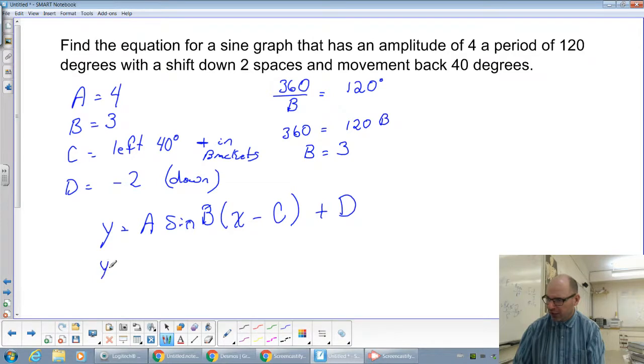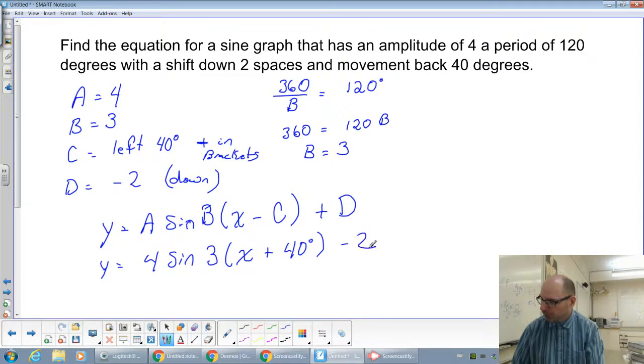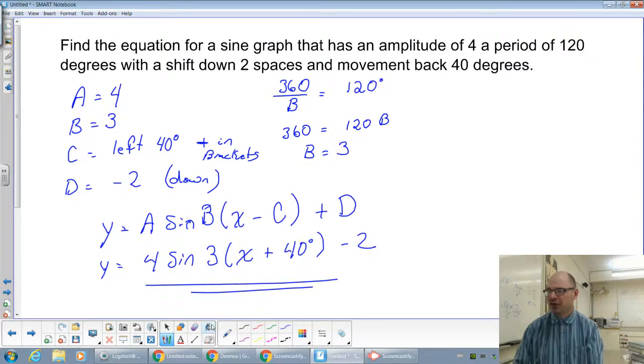So y equals, a was 4, sine 3 times x. It's going to be positive in the brackets, plus 40 degrees, and -2. And there's the equation for that given information. So there's that kind of question that they have.